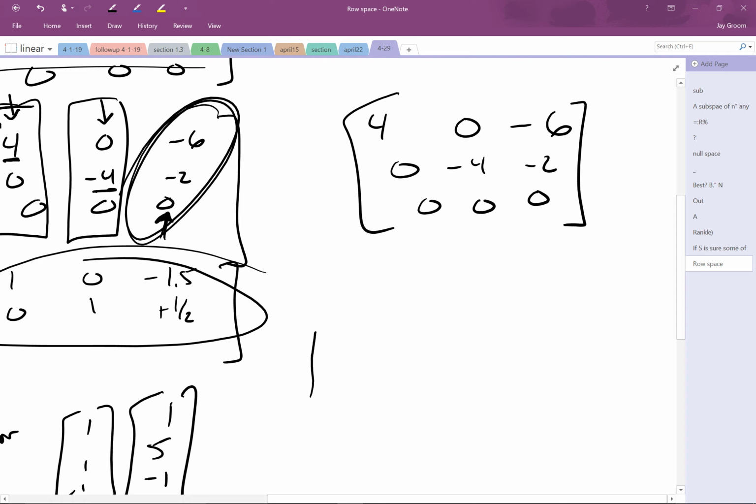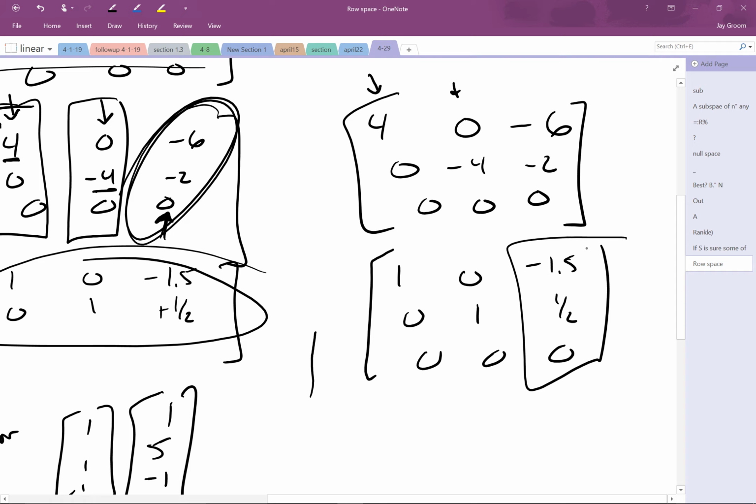Okay, so I'm back. So we use the first two vectors for our column space. What I need to do here first is divide everybody by 4, and it's exactly what I had before. It's 1, 0, negative 1.5, and 0, 1, half, and 0, 0, 0 still. Now, we did not use this fellow before, yes?